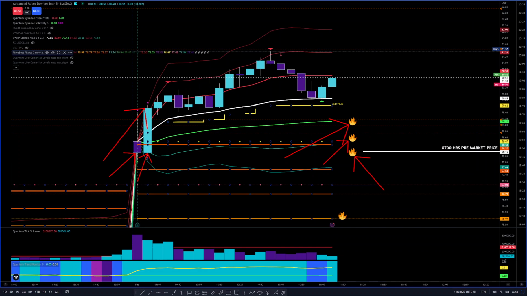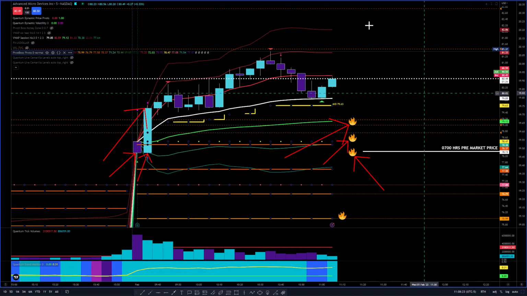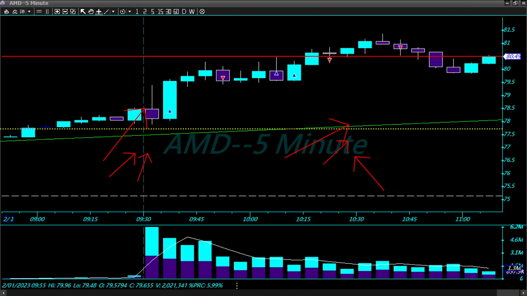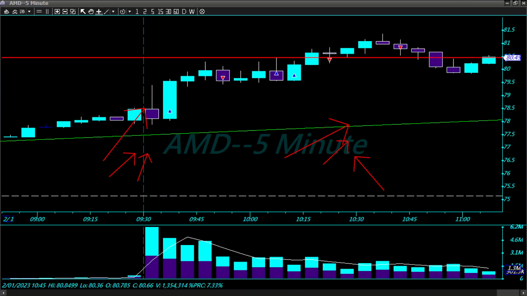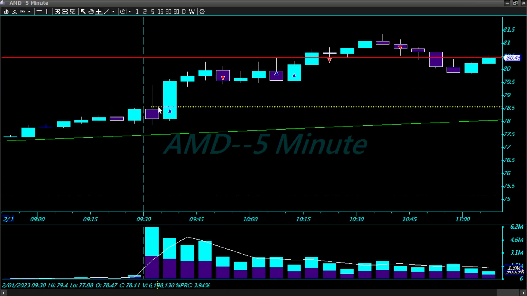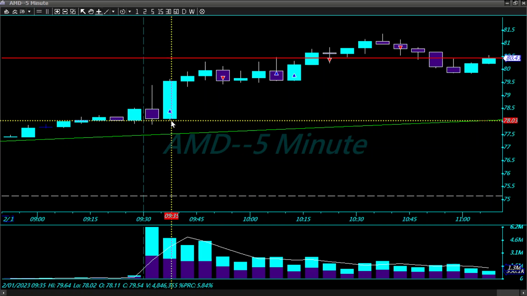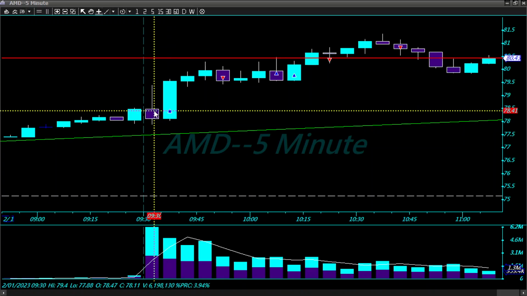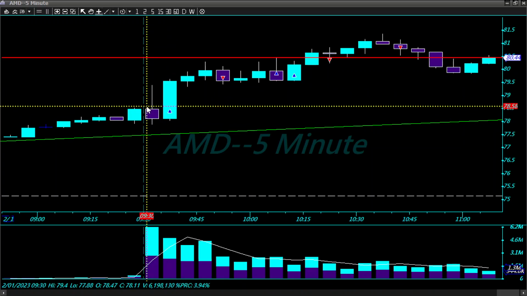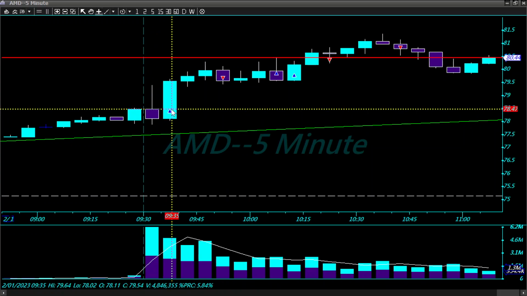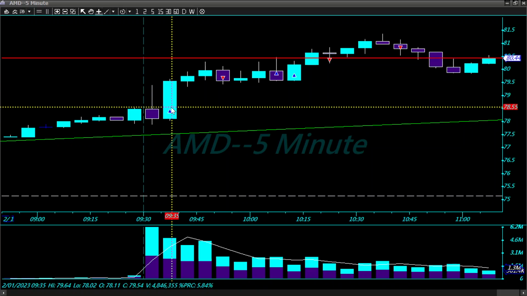Let's see where I took my first position. Let's go to my trading platform. I took my first position here after we grabbed that liquidity in the first 5 minutes and bounced up on the second candle at 78.02. After we cleared this pullback level in the pre-market, I took my trade here at 78.47.